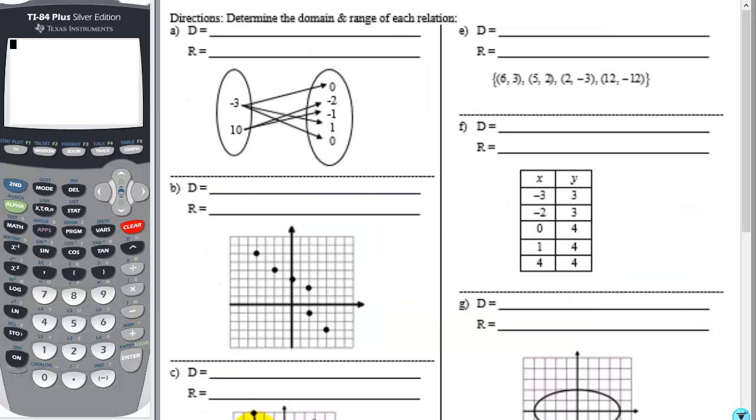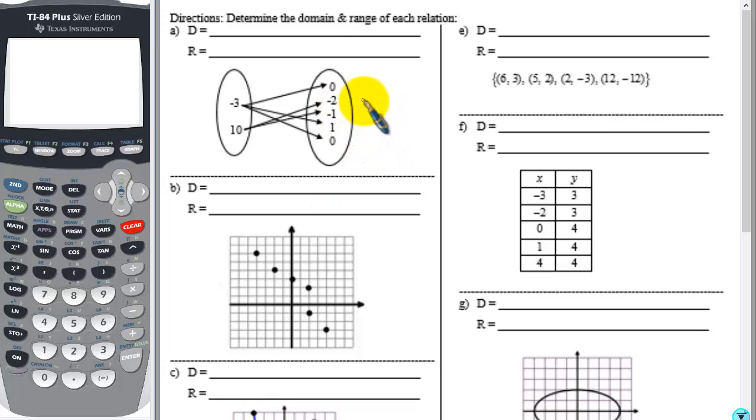Let's go on to the next part of the lesson. The next part has to do with determining the domain and range of different relations. There are two things that you need to remember.